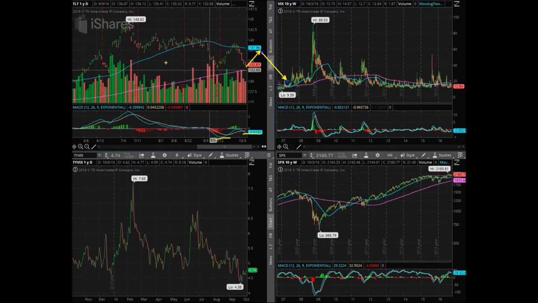So if our economy is doing well enough that we can raise rates in December like they're planning, and possibly more in 2017, then this all makes sense, right? Then bond prices should fall because interest rates would increase.